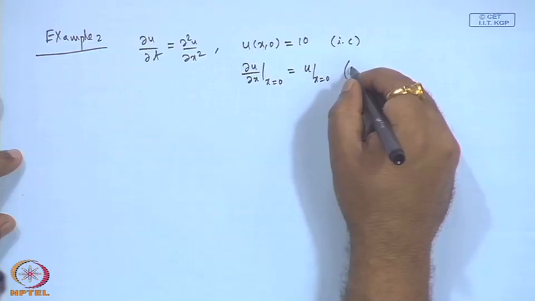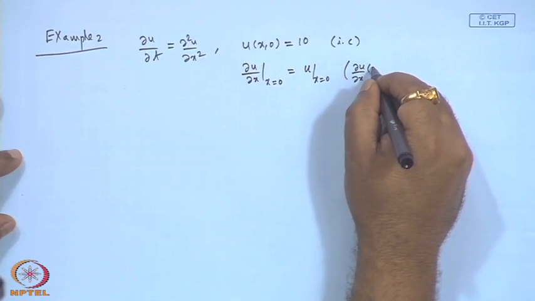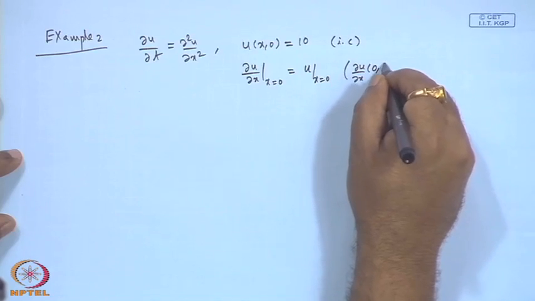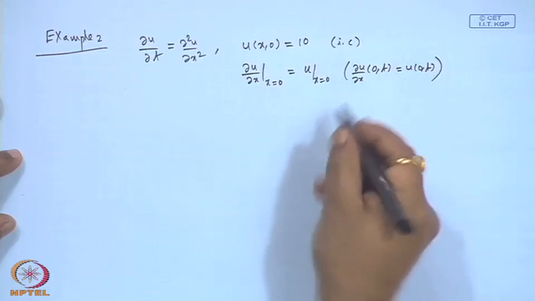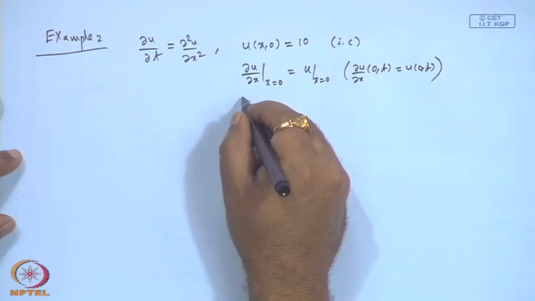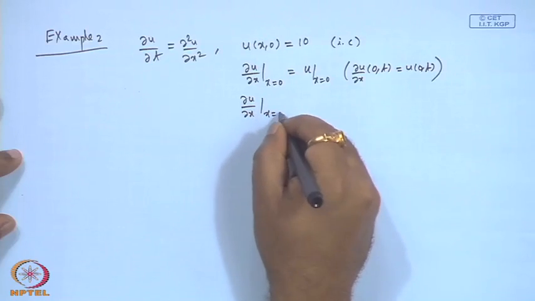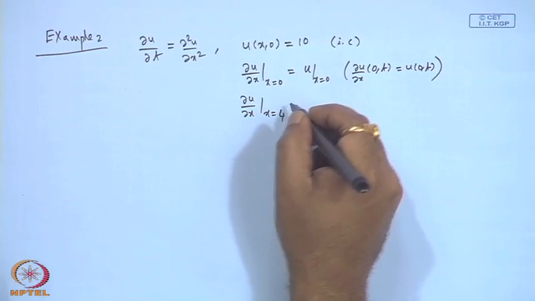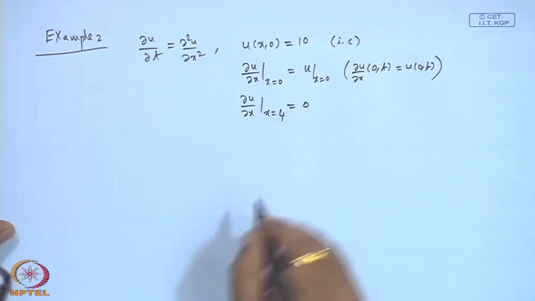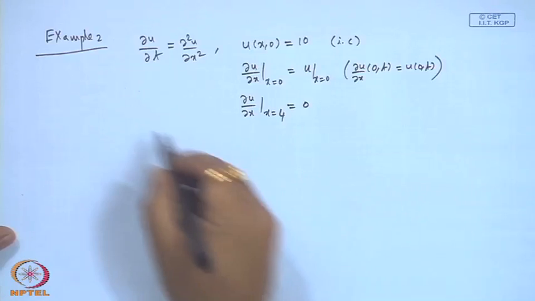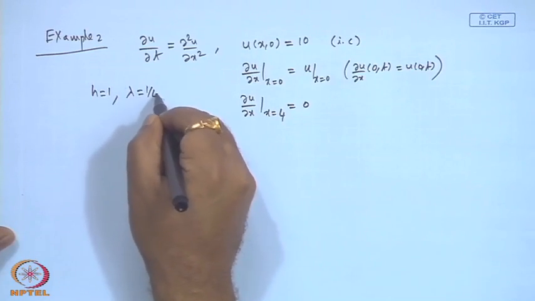So, the same thing we can write at 0 comma t is equal to u 0 comma t. Okay, both mean the same. So, another is x equals to 4 is equal to 0, okay, and say given h equals to 1 and lambda equals to 1 by 4.